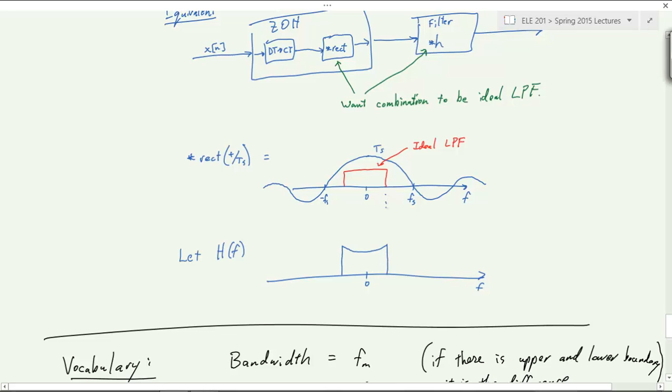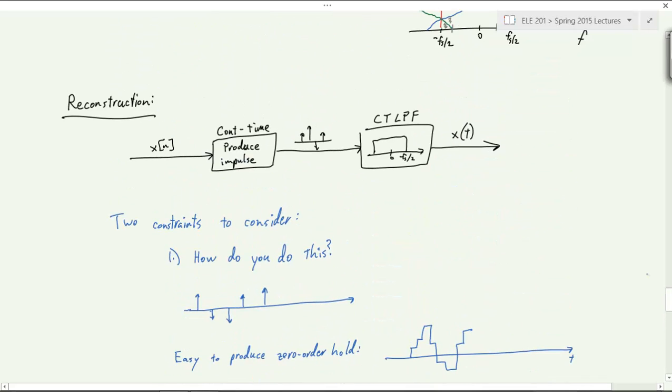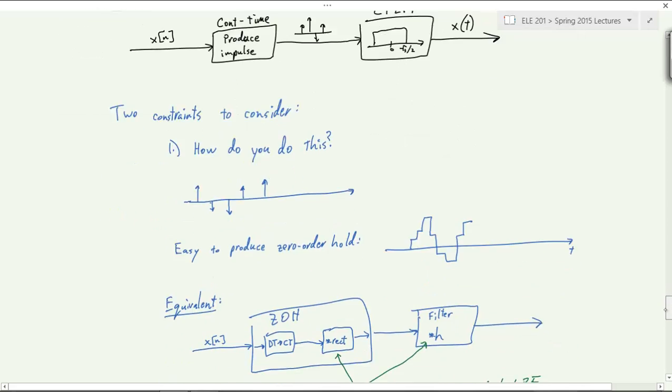So it's going to line up, right? It's going to be such that when you multiply this by the blue curve up here, the convolution with the rect, you actually get your ideal low-pass filter. So we could make the formula, and it's going to be the inverse of a sinc on this window, and then 0 everywhere else. Boom. So there we go. We avoided having to build this impulse delta train type of thing. We can use our zero order hold and still get exact recovery.